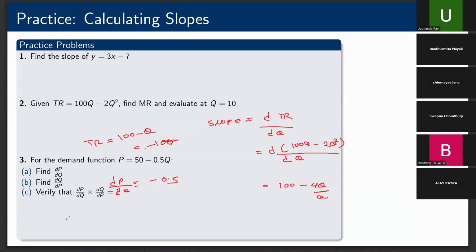Now I have to find dQ upon dP. How to find it? First, find the demand function from the inverse demand function. It is given P equal to 50 minus 0.5Q.